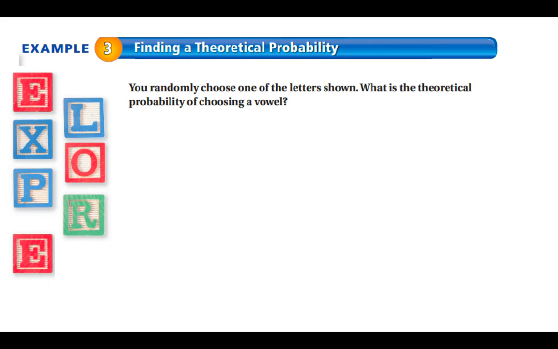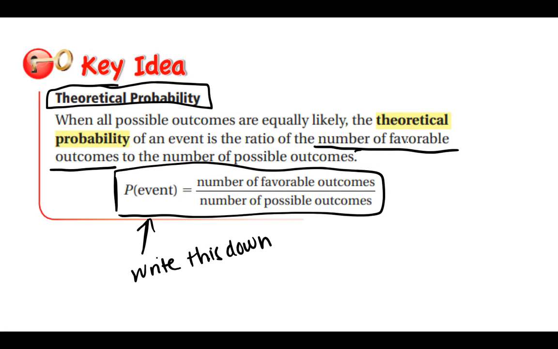Okay, so finding a theoretical probability. It says you randomly choose one of the letters shown. What is the theoretical probability of choosing a vowel? Let's think about it. First, let's write down our probability of an event for theoretical probability. That's just the formula I had you write down.